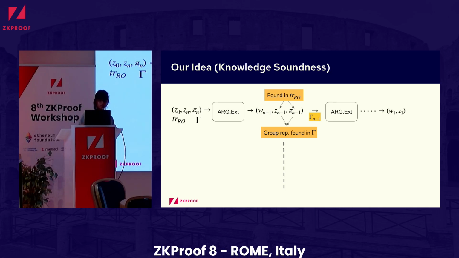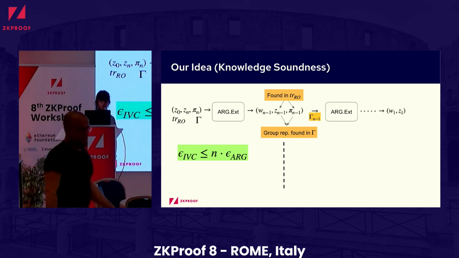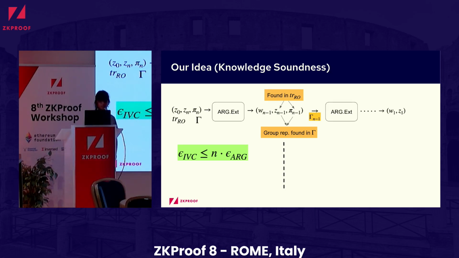And this is important because it gives you the following bound. It tells you that the soundness of the IVC scheme will be upper bounded by n times the soundness of the underlying snark. n here is the number of times you repeat this computation, so the depth of the computation. So this means that n can be an arbitrary polynomial in the security parameter.